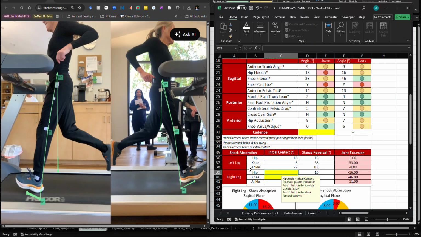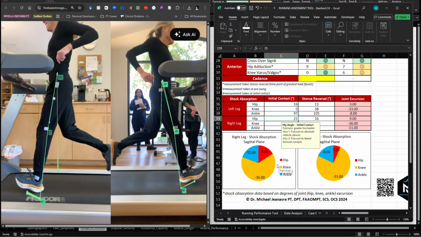So then that would be 35. That's a lot more than what she demonstrated on the opposite hip. That'd be 25. That's right. So a little bit more extended on the right versus the left. And I believe that's based off where our heel's hitting relative to our center of mass. And then we have 10 degrees of knee flexion.